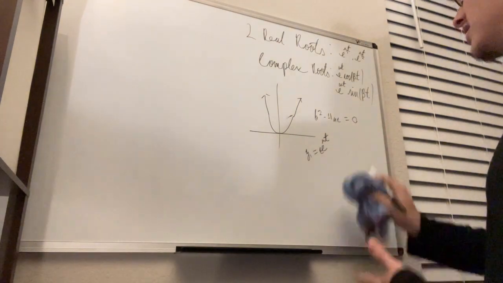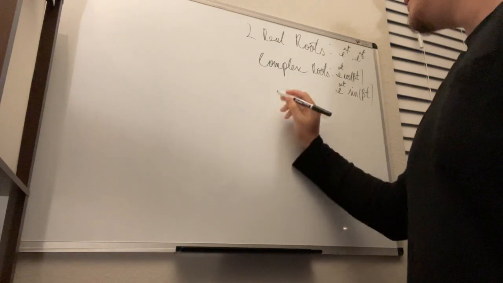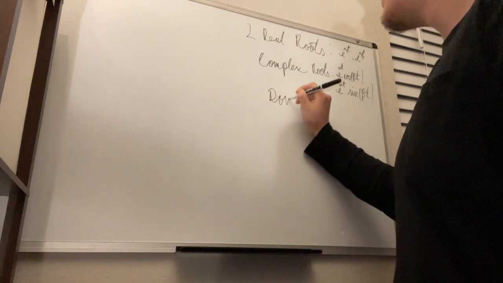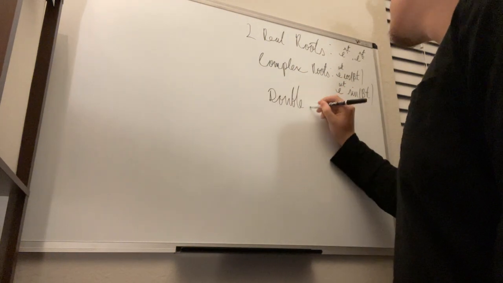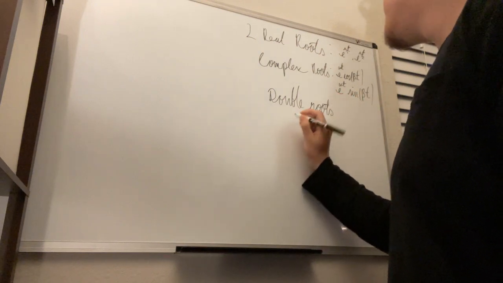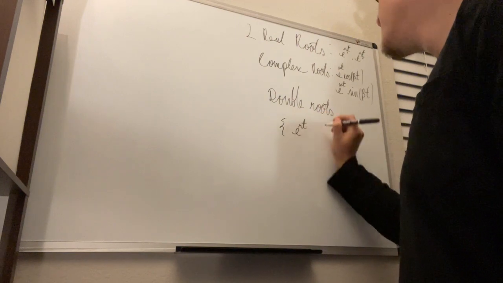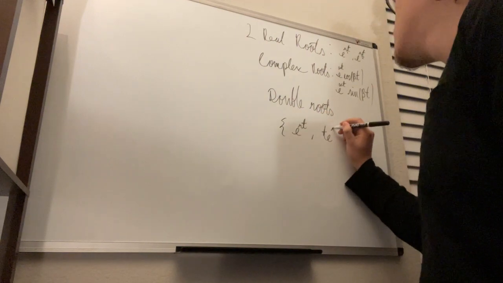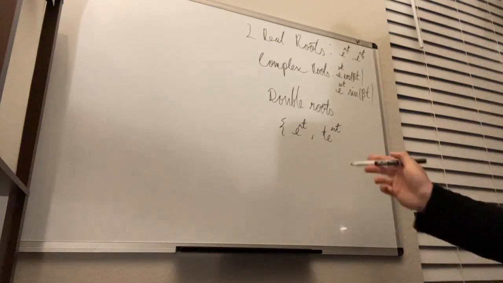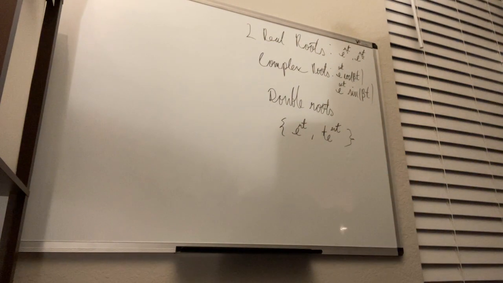So the solution set for any double root equation is just going to be the set containing e to the rt and then te to the rt. This is done in order to maintain the linear independence of the solution set of the homogeneous differential equation.